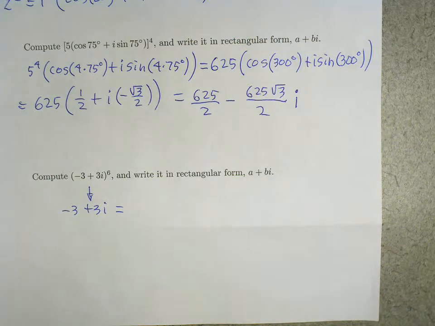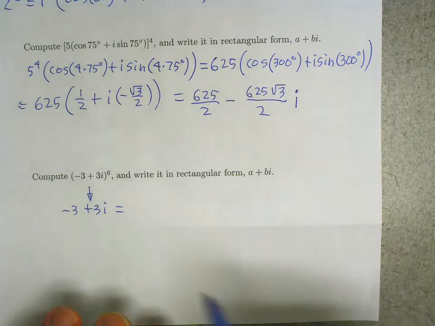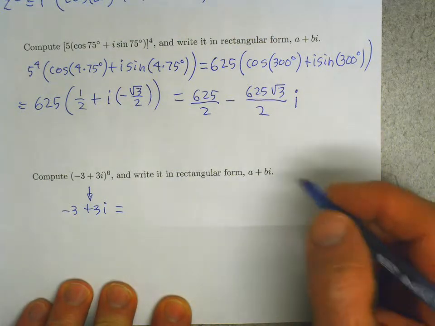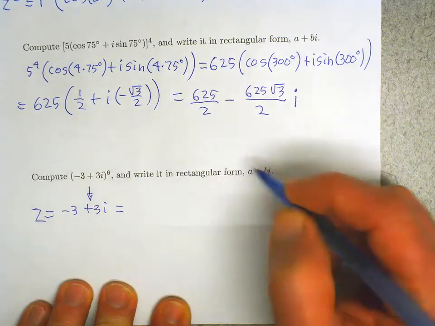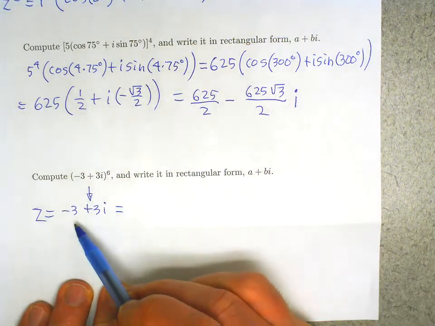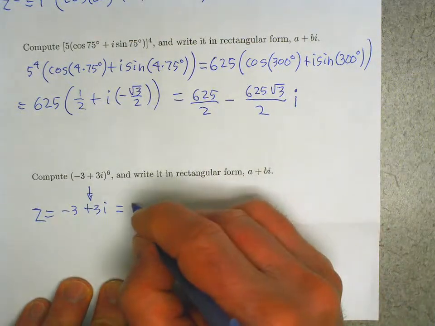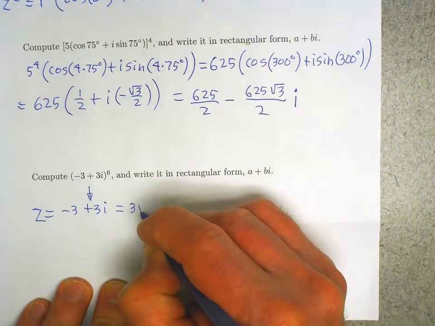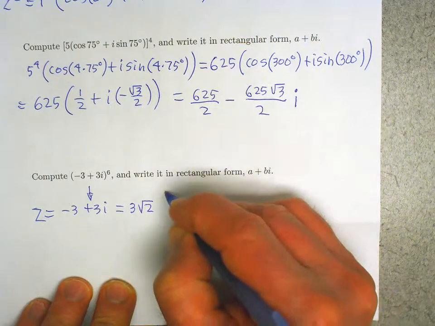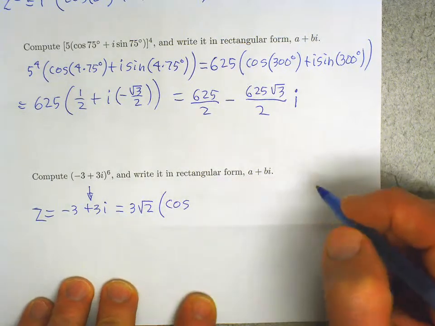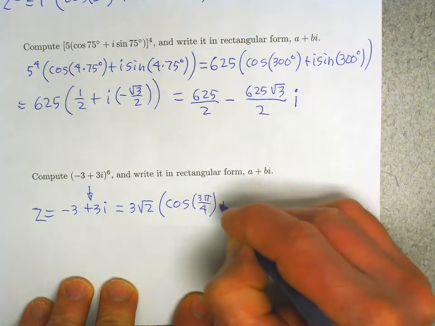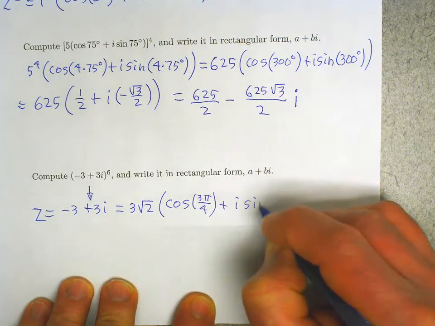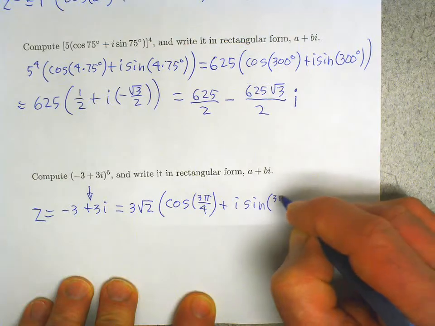So the angle is 3 pi over 4, and the modulus is the square root of 18, which is 3 times the square root of 2. So cosine of 3 pi over 4 plus I times sine of 3 pi over 4.